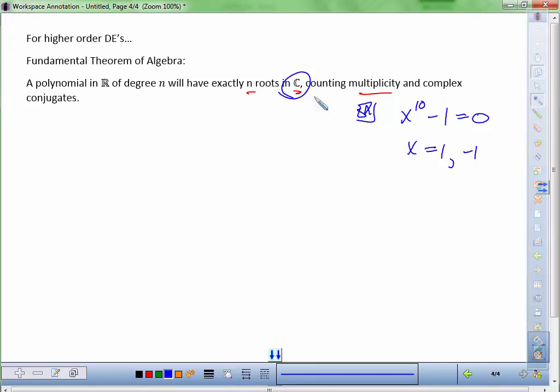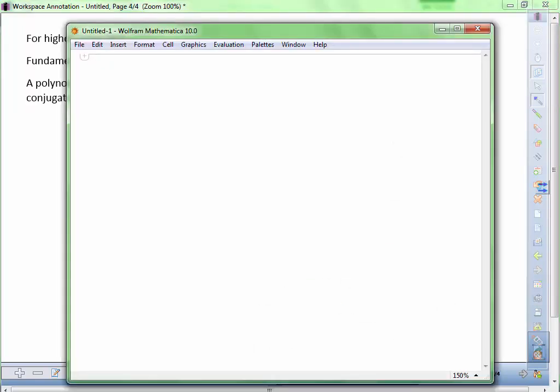Okay? So if you ask Wolfram Alpha, or since I have Mathematica, I'll just ask Mathematica to solve for that equation, x to the 10th minus 1 equals 0, and solve for x. I should have 10 answers.